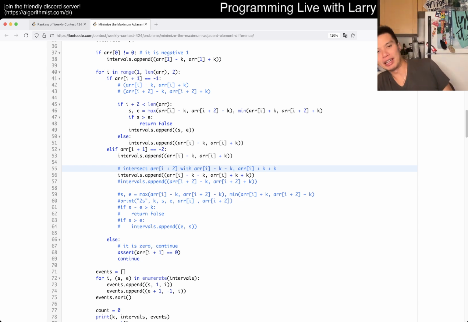Trying to upsolve this, but I don't. Okay, so the first one reminds me of this. The second one is.